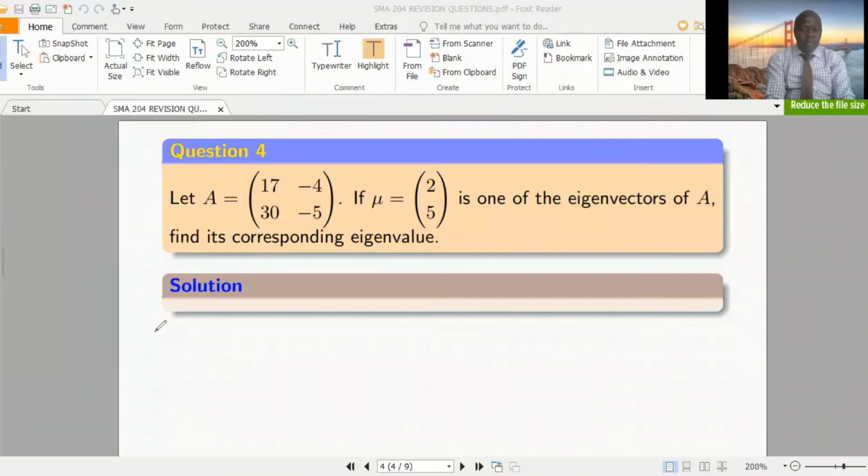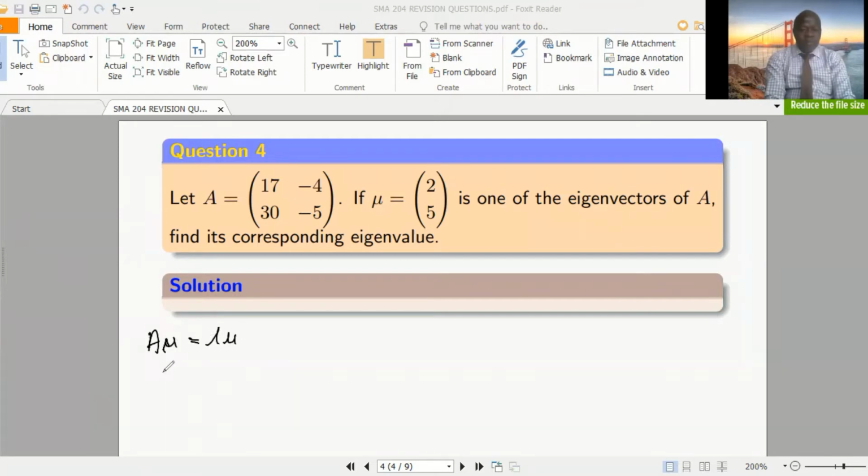And we know from the introduction video that we had on eigenvalues and eigenvectors, we saw that matrix A multiplied by the eigenvector mu will be the same as lambda multiplied by mu, where lambda here is the eigenvalue and mu is the eigenvector.